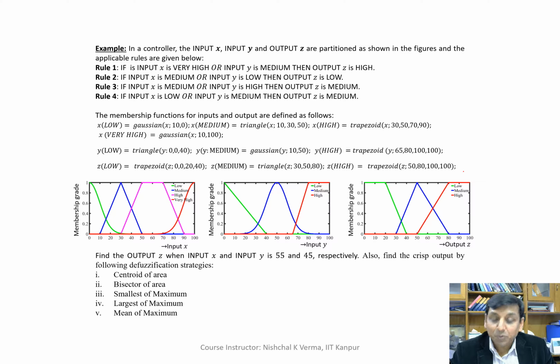In this example, we have a fuzzy model, which is also called a controller.